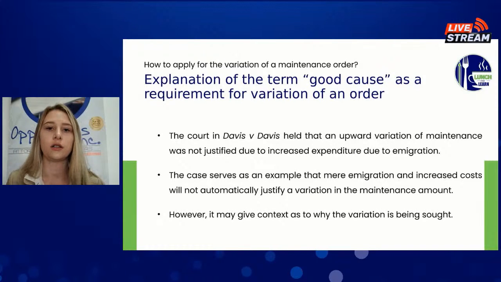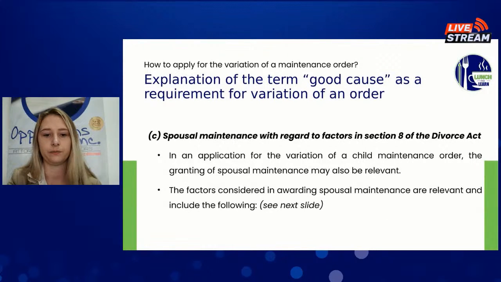So you can't apply for a variation because you are now deciding to immigrate to Australia, for example, and now you have increased expenditure, because that was not out of your control. You made that decision to do that. And so this is just basically what this case is saying, that it's not automatically justified just because you have now decided to move somewhere where your expenditure is increased. But it does give context why you are applying for variation.